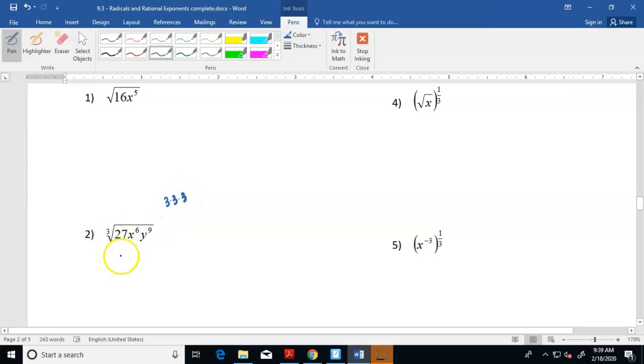So the cube root of 27 is 3. All right. Then let's go ahead and we're going to do x to the 6 over 3, y to the 9 over 3. Now in this particular case, 6 divided by 3 is 2, and 9 divided by 3 is 3, so I get 3x squared y to the third.